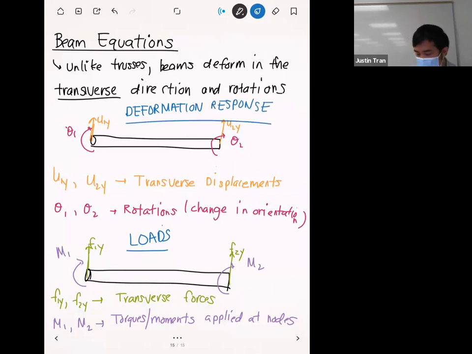The next step is to form the relationship between these two quantities, and that relationship is formed by the element stiffness matrix. I'll go ahead and list that on the next page.